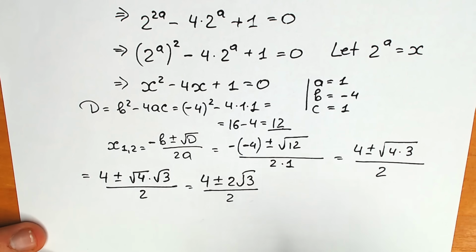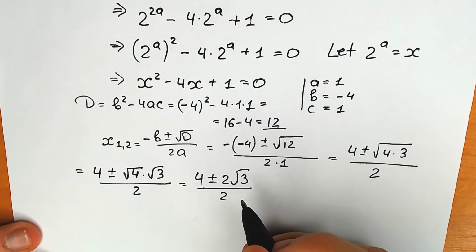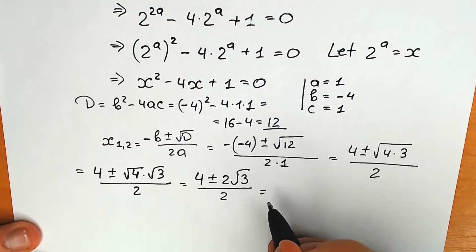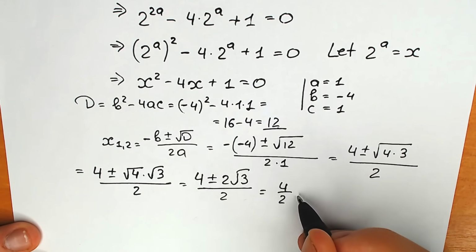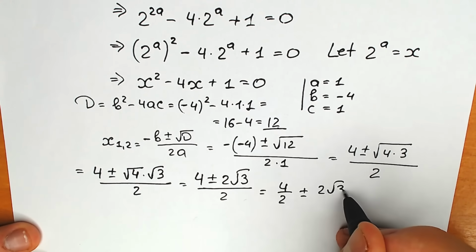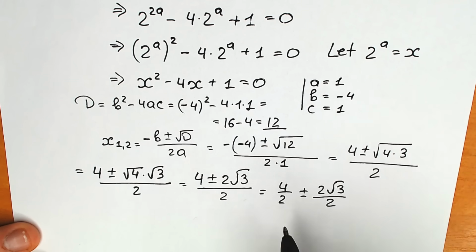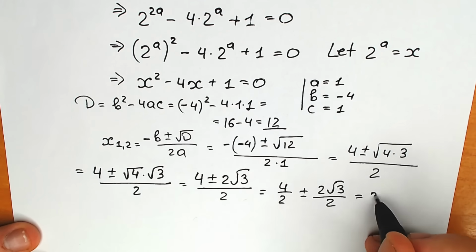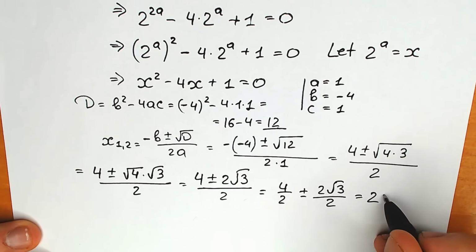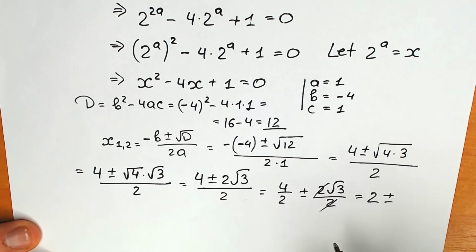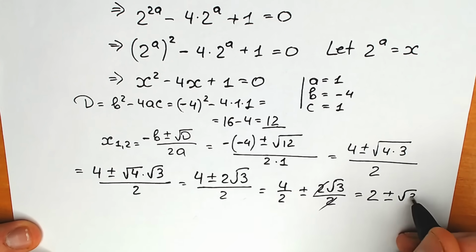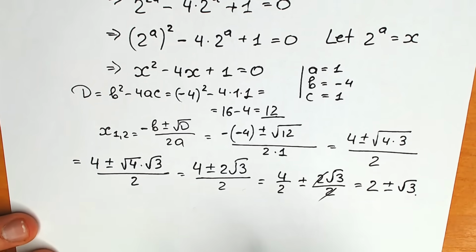And the final tricky move, a lot of students forget about it, we can divide our numerator by 2. We can write it as 4 over 2 plus minus 2 square root of 3 over 2. And as a result, 4 over 2 equals 2. And we have 2 plus minus, right here we're going to cancel these 2s, so 2 plus minus square root of 3. So we have two roots.